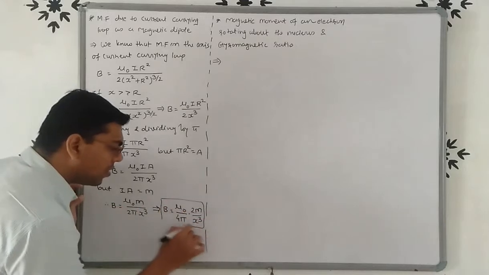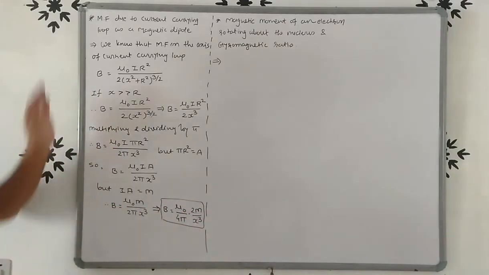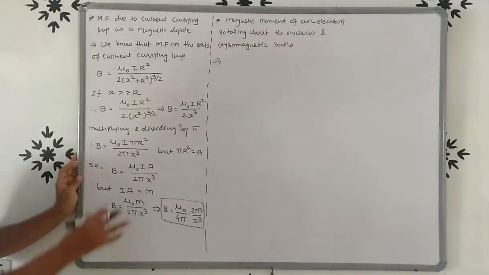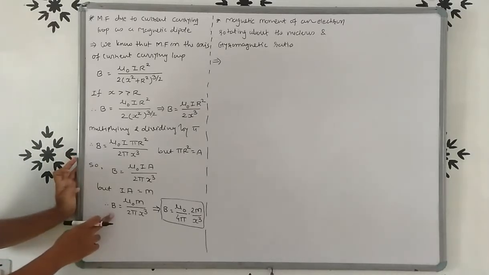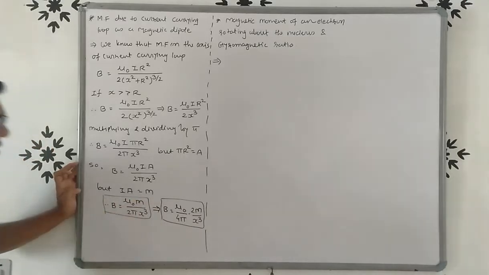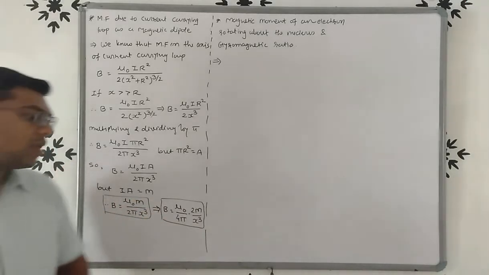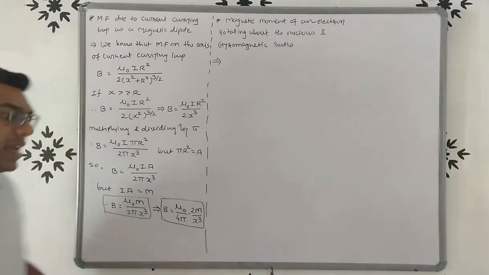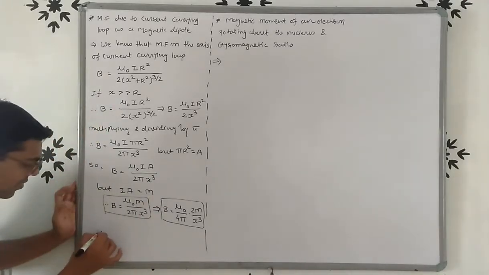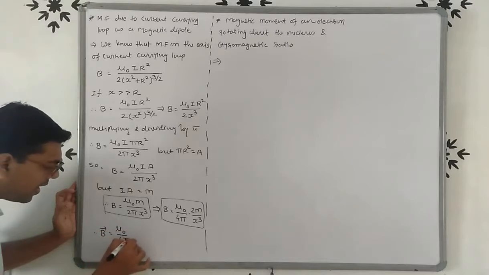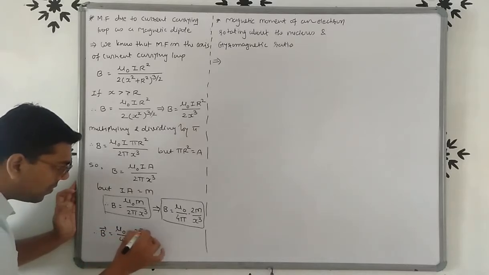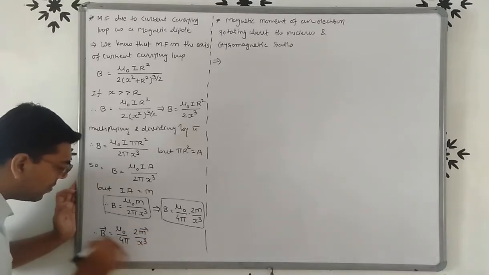So the formula of magnetic field due to a current carrying loop as a magnetic dipole is given by B is equal to mu 0 M upon 2 pi x cube, or mu 0 by 4 pi into 2M upon x cube. If we want to write this equation in vector form, the equation will be vector B is equal to mu 0 by 4 pi into 2M upon x cube, right?